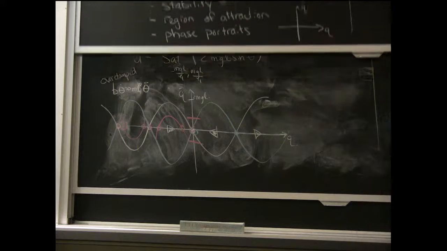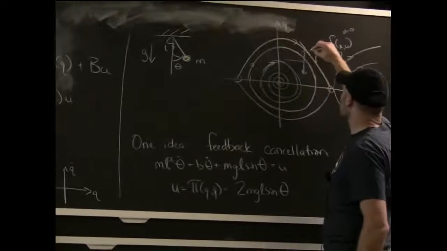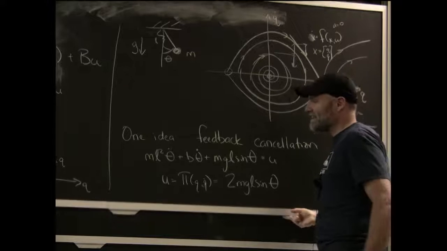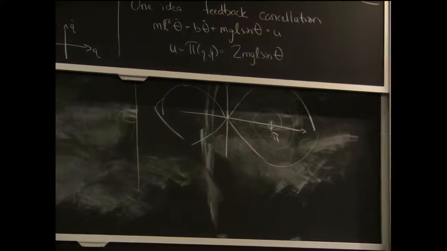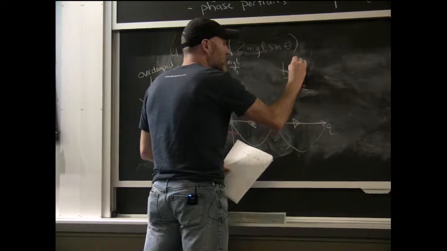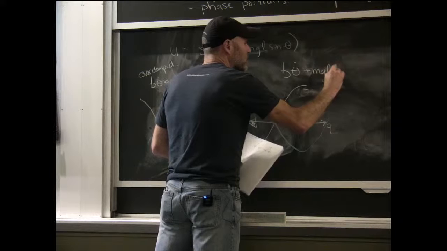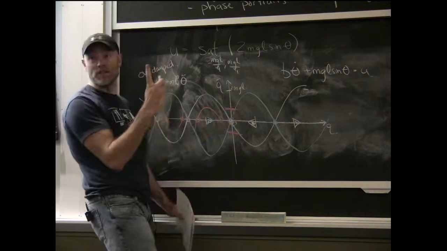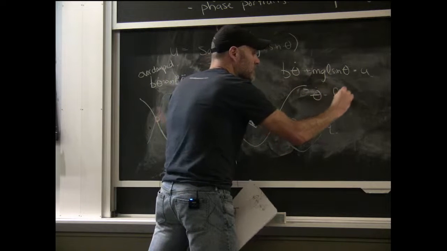The thing that I don't like about these plots is that this is a plot of q versus q dot, and I'm plotting vectors, right? And curves. The axes of this plot are also q and q dot, but I'm plotting something very different because this is in the first order regime. I'm plotting the overdamped b theta dot plus mgl sine theta equals u. So this is a different plot. It only has one variable going around, and I'm plotting the solution theta dot as a function of theta.